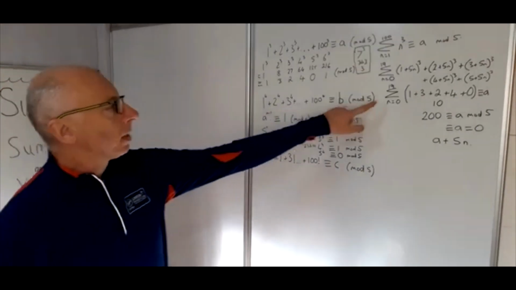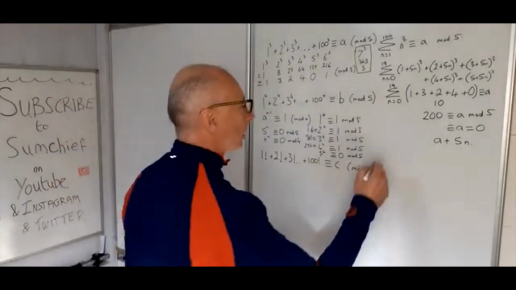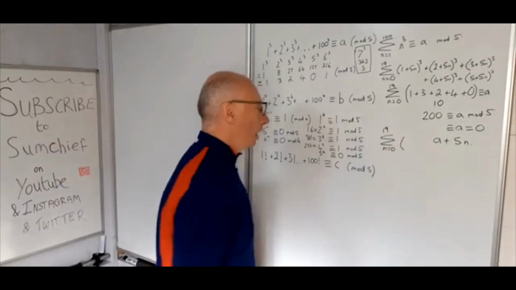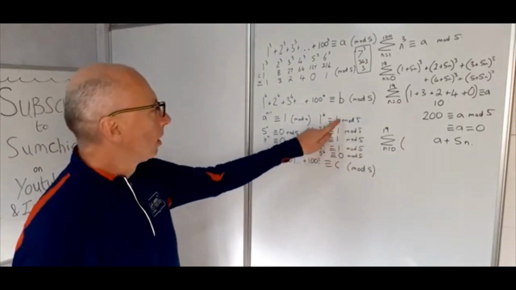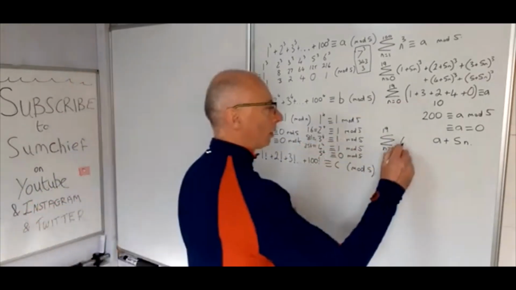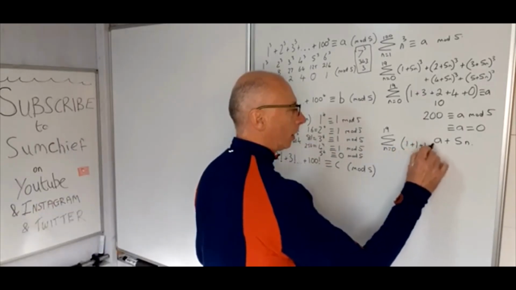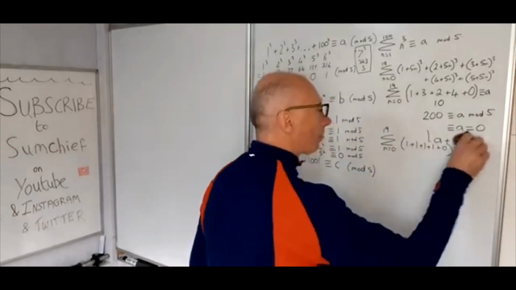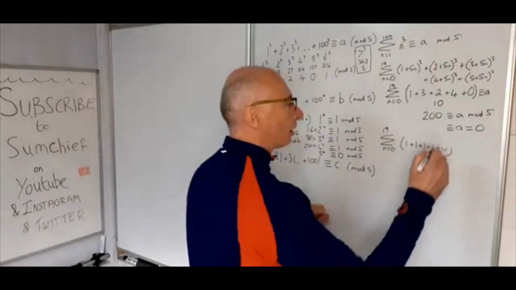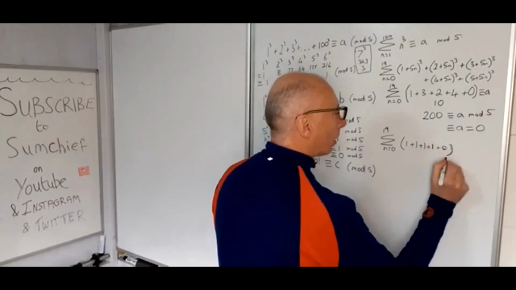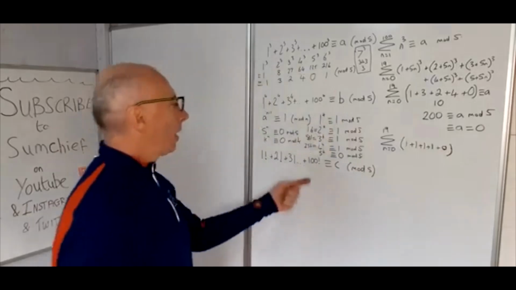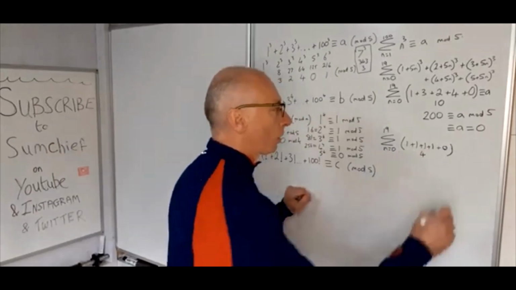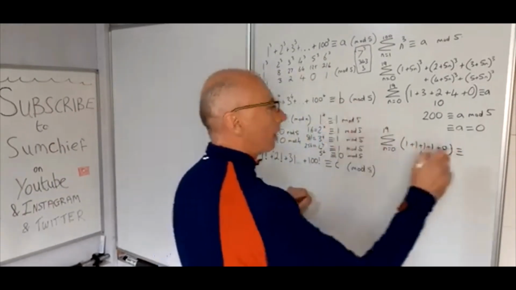Okay, so now just writing these in the sum format here, I'm going to write n equals 0 to 19. And I'm just going to go straight into the congruences here. 1 plus 1 plus 1 plus 1. Okay, we know that is 4. I'll put the 0 in there just so we can see it. Let me just work that one out. Okay, so then if we just sum these all up, we're just going to get 4, total numbers of 4 is congruent with b.